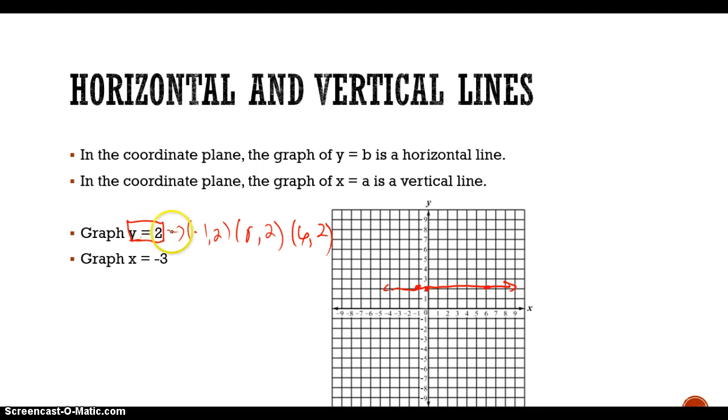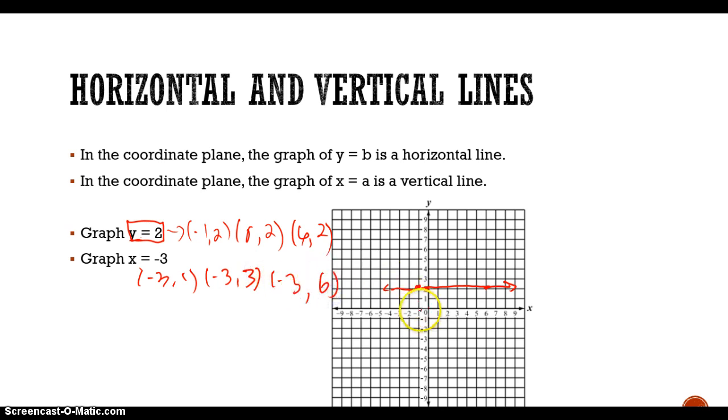So y equals 2 tells me that for every ordered pair, your y is 2. So the same thing for x equals -3. For every ordered pair on this line, your x will be -3. So I can plug in any value that I need to.